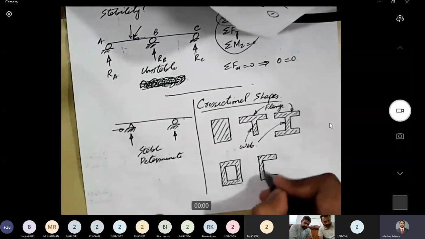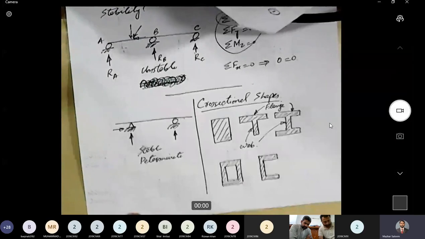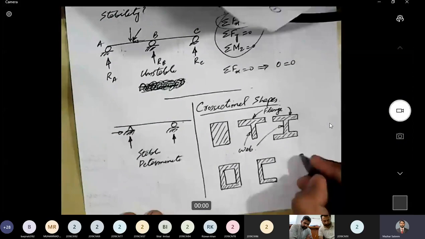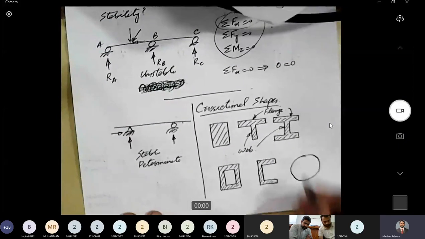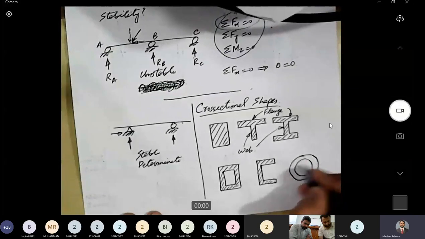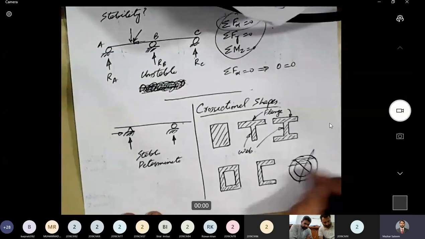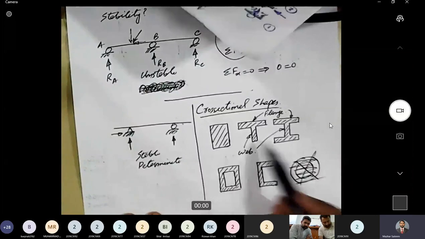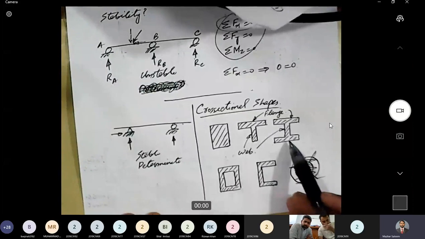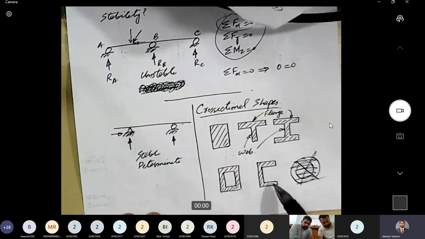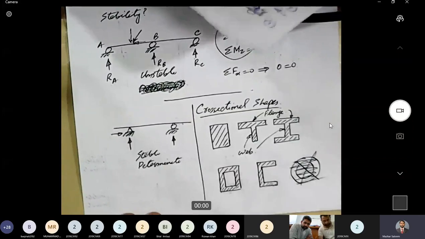So these are different cross-sectional shapes that we provide in case of beams. There might be some other shapes as well. Sometimes we provide circular sections as well, but those are normally for columns, not for beams. So let's leave this because it's not common for beams. So this is the rectangular section, T section. For now, you may call it an I section, but precisely this is a W section. This is the box section, and this is the C section or channel section.